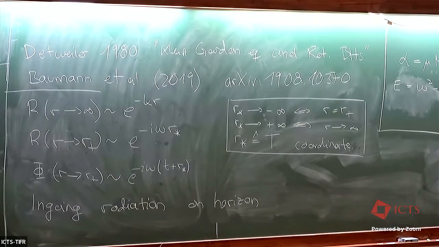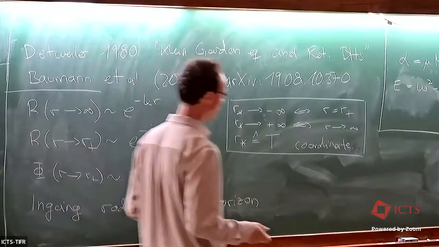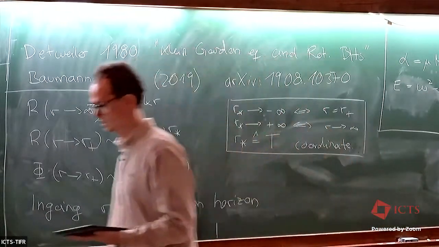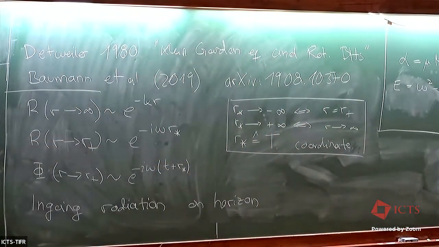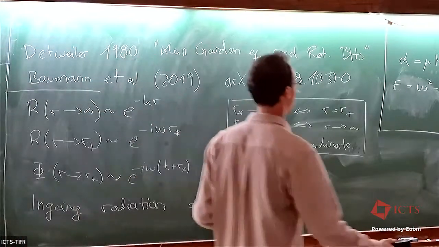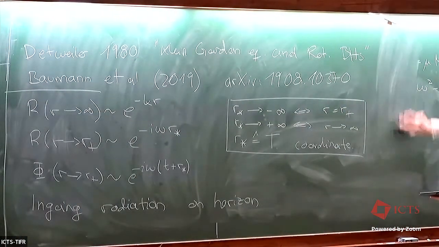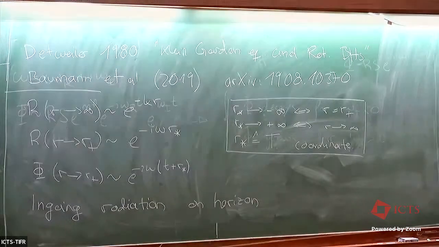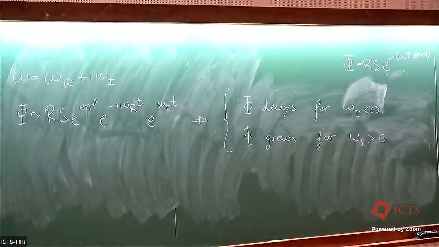Okay, so now we know our boundary conditions. And now the challenge becomes to solve the equations. And this is where I'm going to start to describe it kind of schematically.